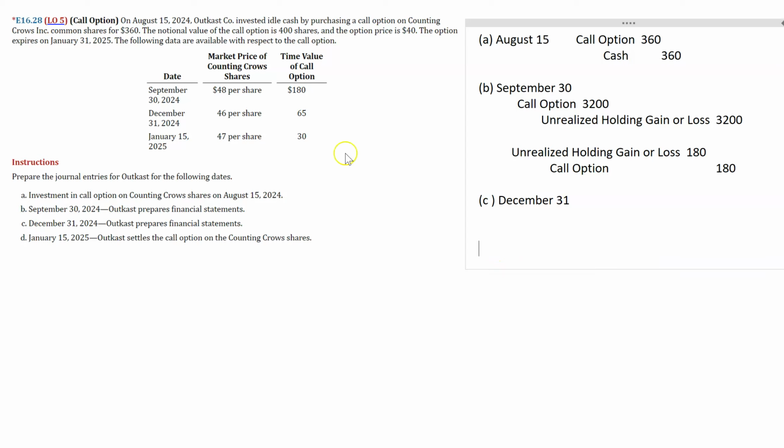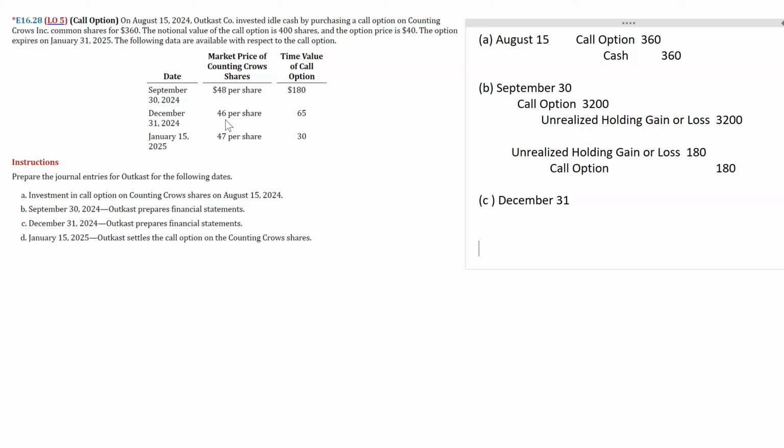Now we will compare the stock price compared to our previously adjusted price, because our call option already reflected this $48, but now compared to that, stock price went down by $2. So we actually have to here reduce the option value by $2.